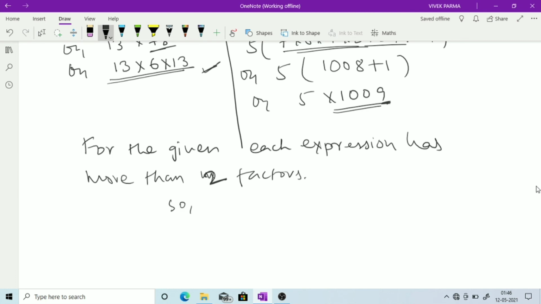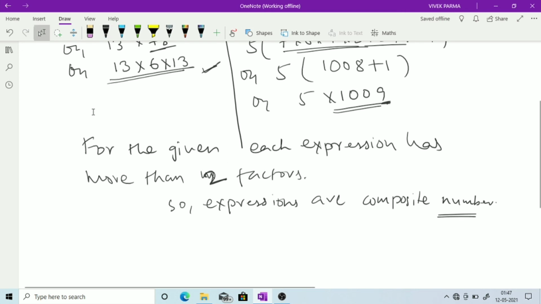So the expressions are composite numbers, right? Now moving to the next question.